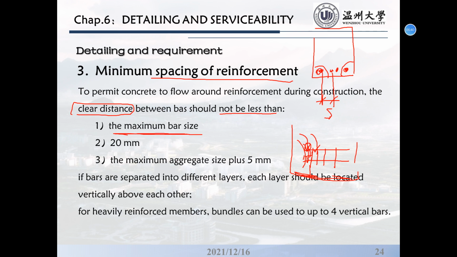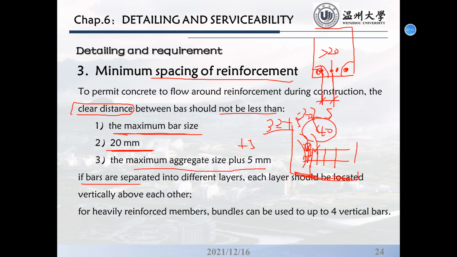If the bar size we choose is 20, the spacing should be larger than 20. It doesn't give you specific concrete values. Also the maximum aggregate plus 5. If the aggregate is 32, the spacing should be almost 40. This one is 37, but the spacing should be larger than these values.